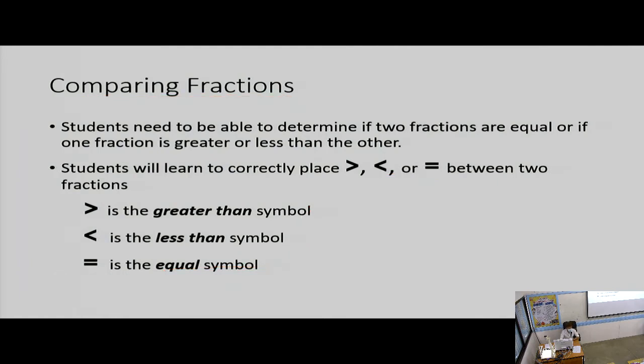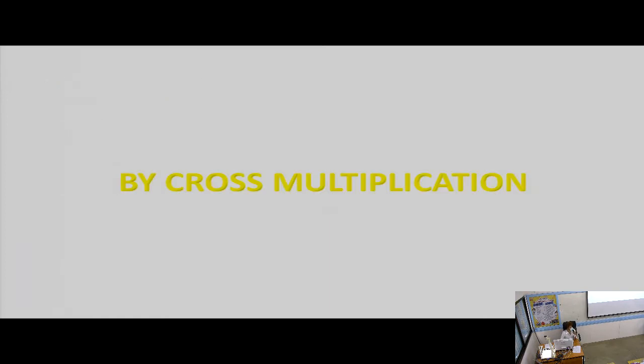So, let's proceed. In comparing fractions, there are two ways. But I am going to teach you the easiest way to compare fractions, and that is by cross multiplication. What is cross multiplication?